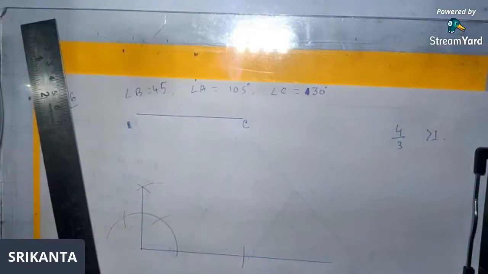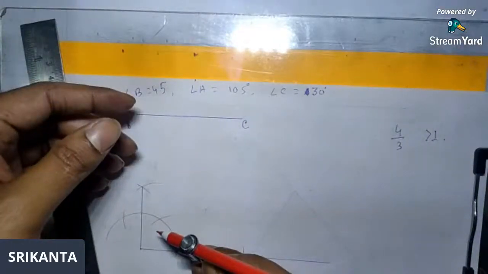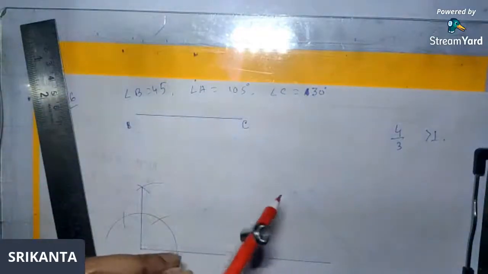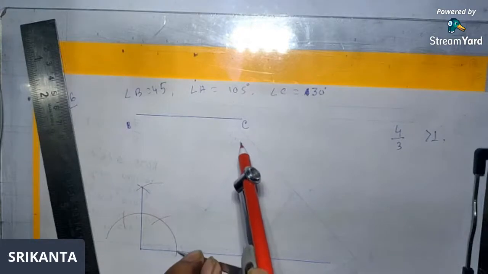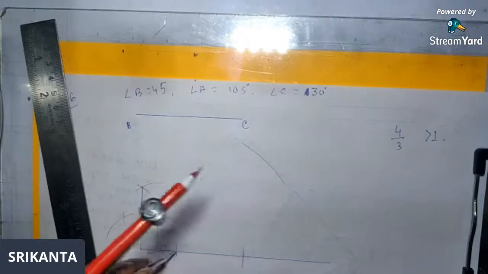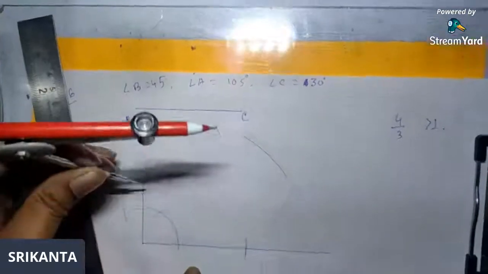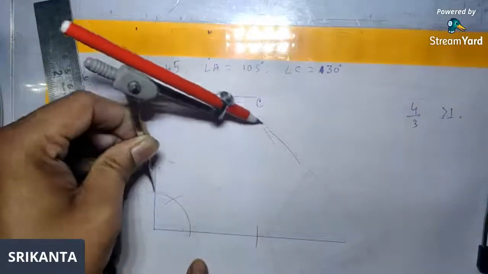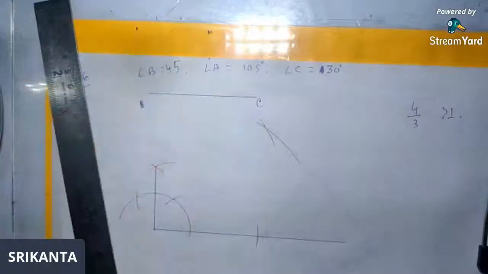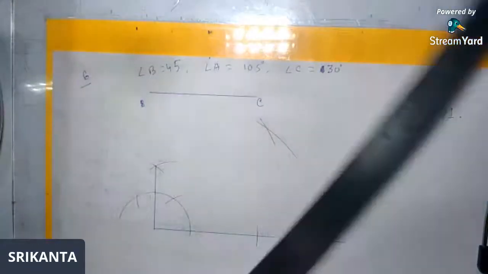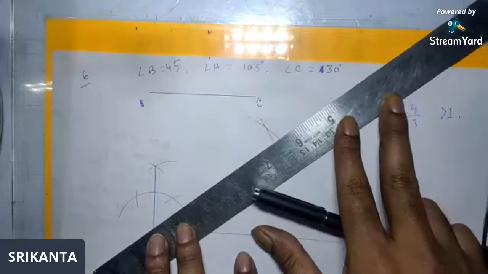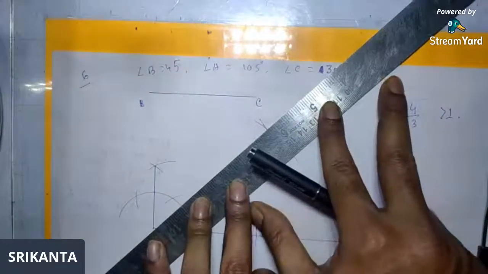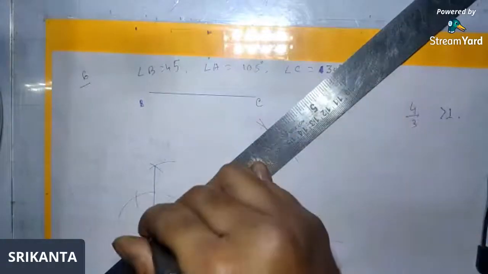You can use a protractor also. How to bisect? Any arc, plot it here and then put the point here and cut it. This way the picture becomes neat and clean. There are other methods also to bisect an angle, but this method I have used to make the picture neat and clean.